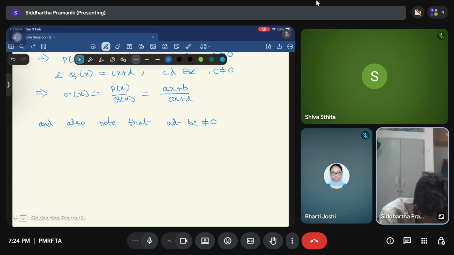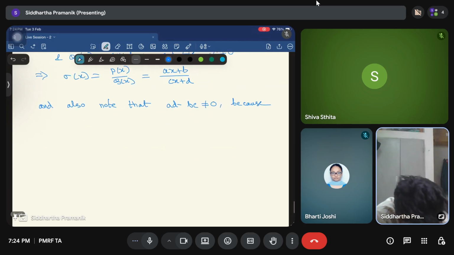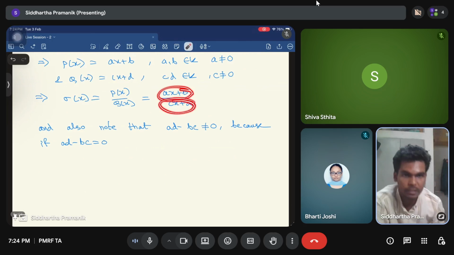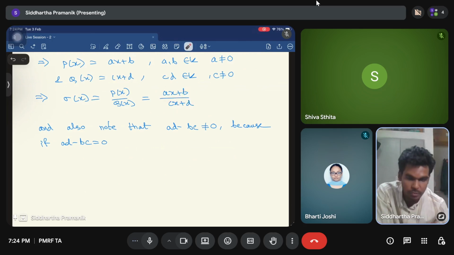Why? What will happen if this is 0? If ad minus bc is 0, then these two things are scalar multiples of each other, right? So these things will cancel.